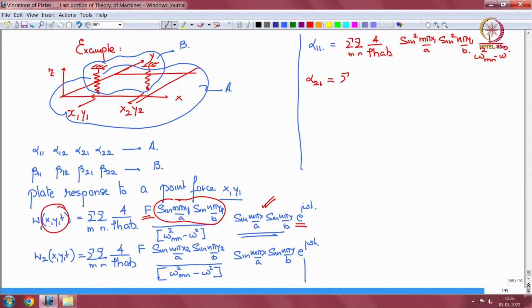So, then we have summation mn 4 by rho h a b, sin m pi x1 by a sin m pi x2 by a, sin n pi y1 by b, and then lastly sin n pi y2 by b, and the frequency omega mn square minus omega square.